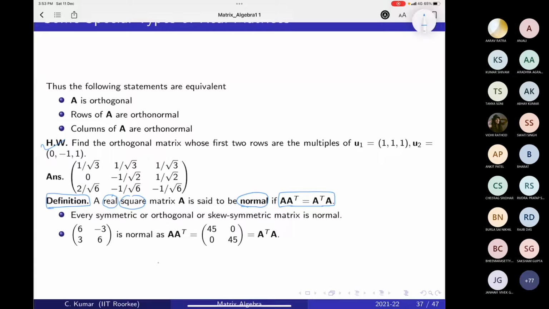From the definition, it is immediately clear that every symmetric matrix is a normal matrix, because if you have a symmetric matrix, then A transpose will be equal to A, and from here you can immediately say that A A transpose is equal to A into A, which is A square, and A square is A transpose A. So every symmetric matrix is normal.